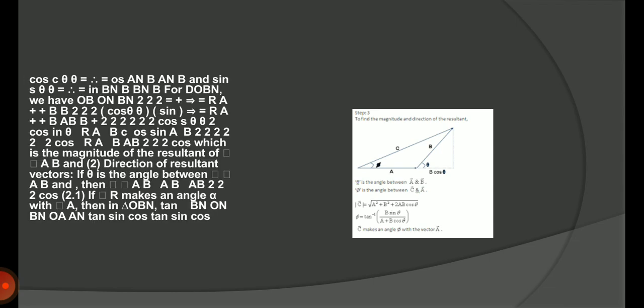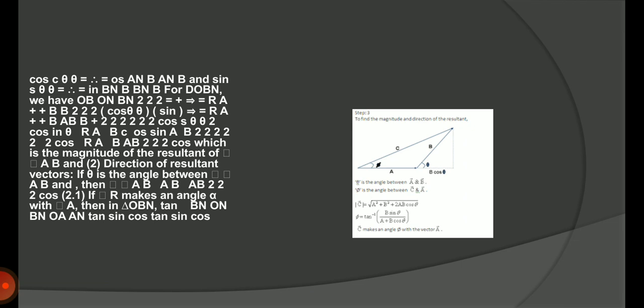Cos theta is equal to AN over B, and sin theta is equal to BN over B. For triangle OBN, we have OB squared equals ON squared plus BN squared. The square root gives R equal to the square root of A squared plus B squared plus 2AB cos theta, which is the magnitude of the resultant of A and B.